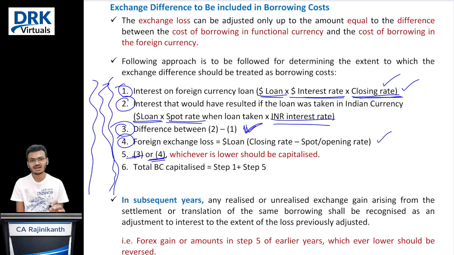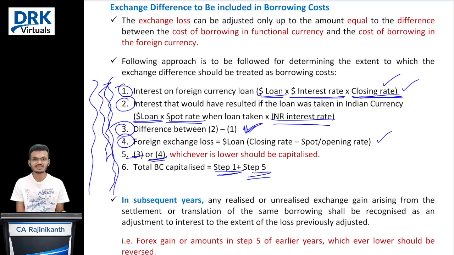So the lower of these two amounts can be your deemed borrowing cost that you can capitalize to the cost of the qualifying asset. So the total amount of borrowing cost, how much can we capitalize? The amount in step 1, because that is our actual borrowing cost, plus the amount in step 5 that we calculated. It means what? It is an exchange loss that we are treating as a deemed borrowing cost by applying the first 5 steps. Simple, no confusion, right?